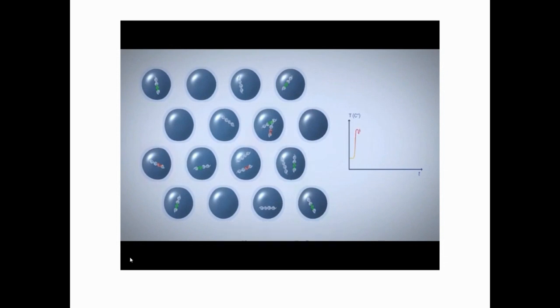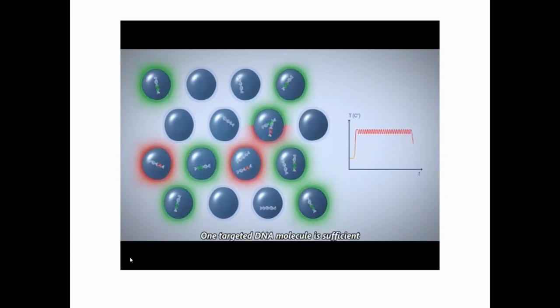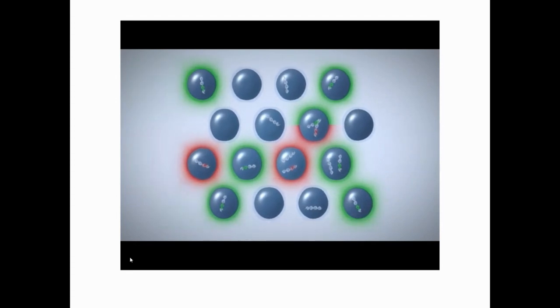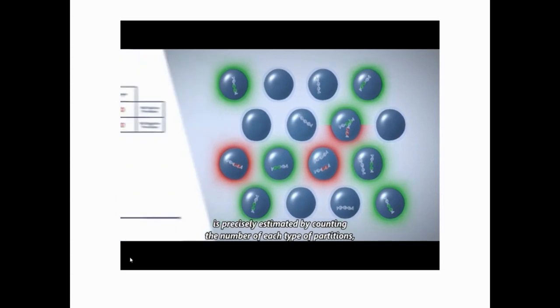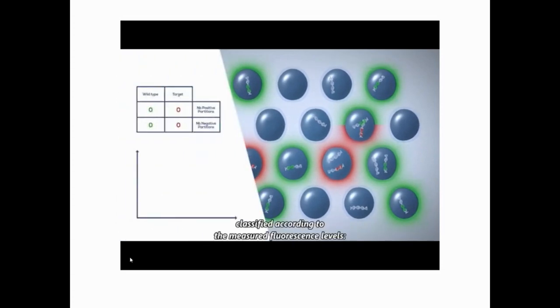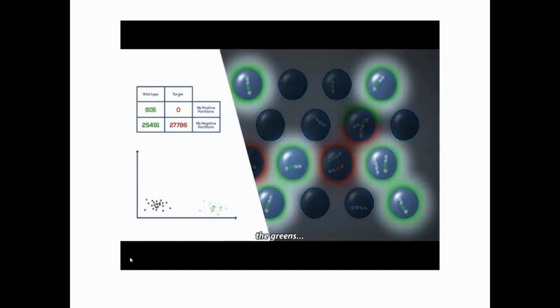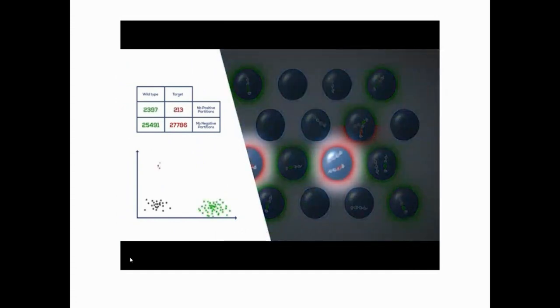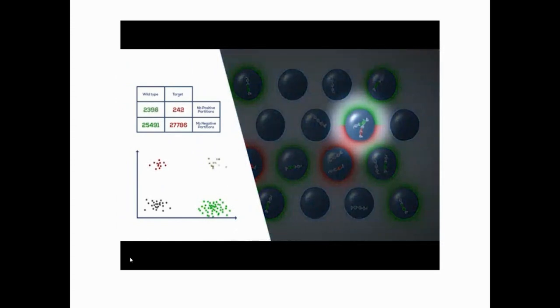During the PCR amplification, a fluorescent signature is generated within each partition according to its DNA content. One targeted DNA molecule is sufficient to generate a fluorescent signal in a given partition. Finally, the concentration of wild-type and mutant sequences in the sample is precisely estimated by counting the number of each type of partitions, classified according to the measured fluorescence levels: the non-fluorescent negatives, the greens, the reds, and the double positives.